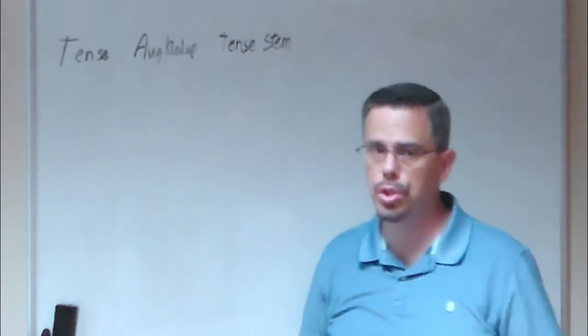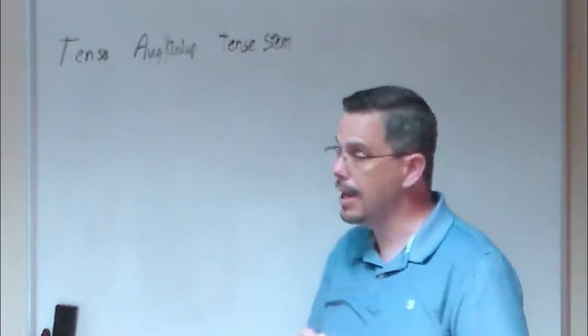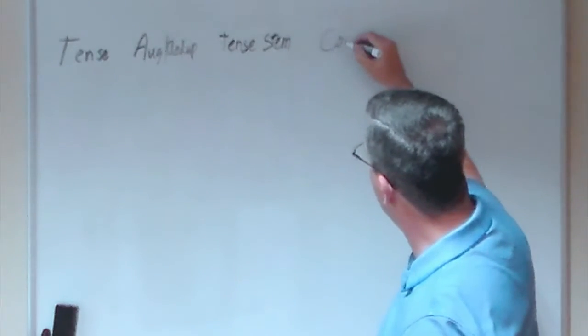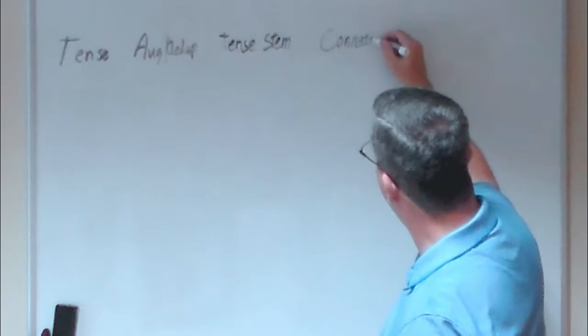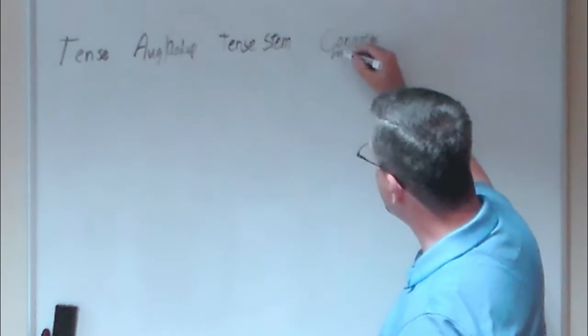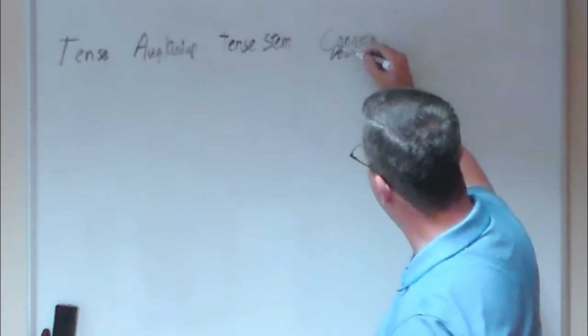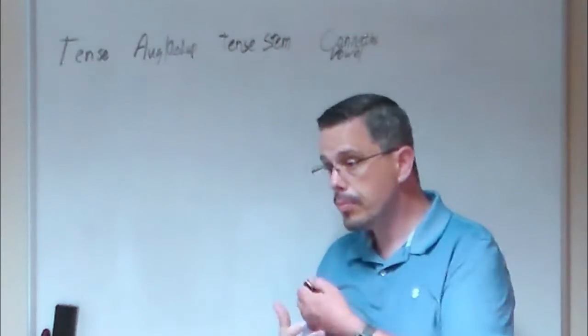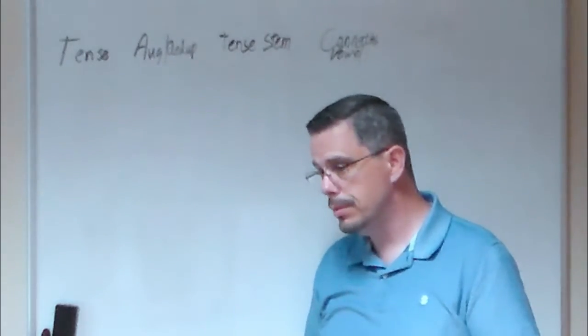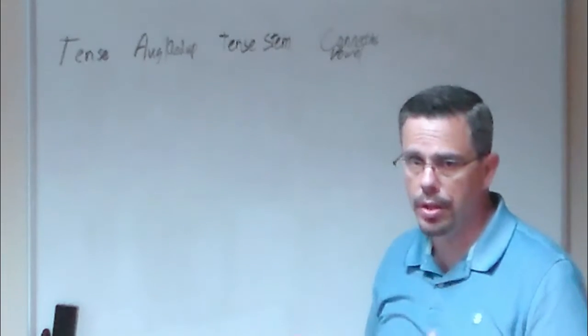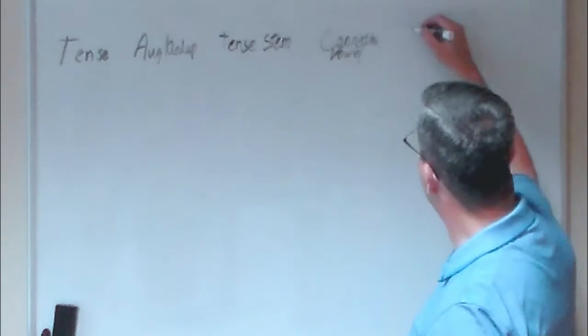Then we want to go to the question of connecting vowel. This really creates the equation for you on how to make any verb. Okay, that's why we do all this. Personal endings.